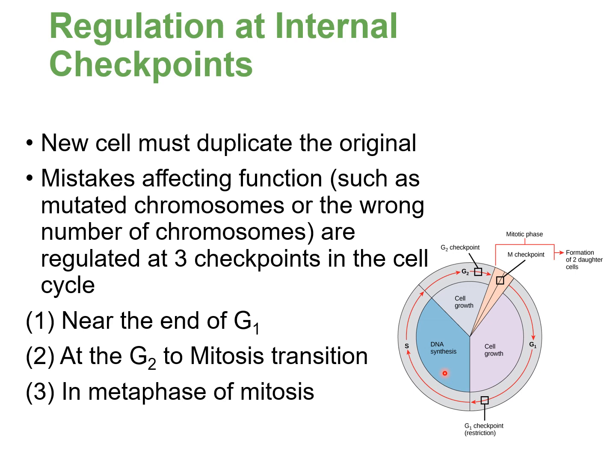Then at the G2 to mitosis transition, we have our next one that's saying, okay, was the DNA replicated properly? And then in metaphase of mitosis, I think I forgot to mention this one earlier, we have another checkpoint here that's basically checking that all of our chromatids are lined up and ready for anaphase.